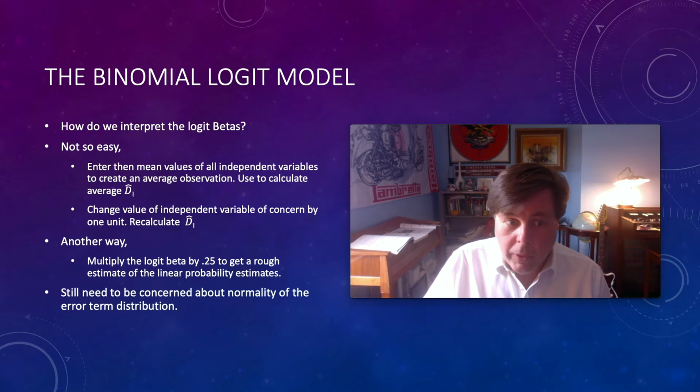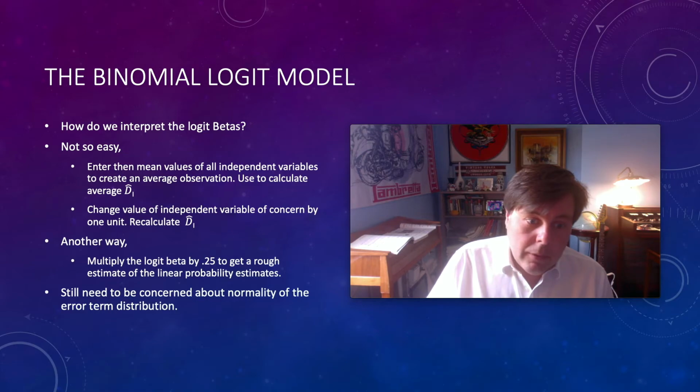Multiplying that by 0.25 would give us a half, or 0.5. And then we can interpret that 0.5 in the same manner we did with the linear probability estimates a few moments ago. That is to say that a 1 unit change would give us a 50% increased likelihood of D being 1.